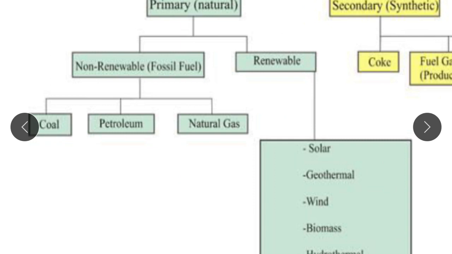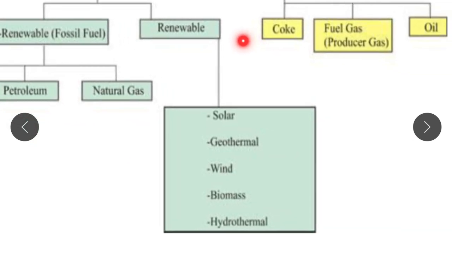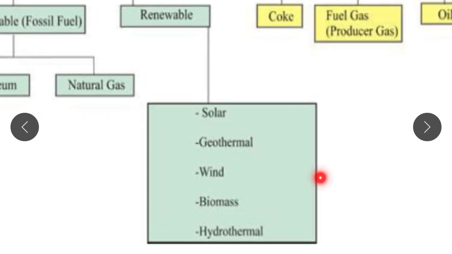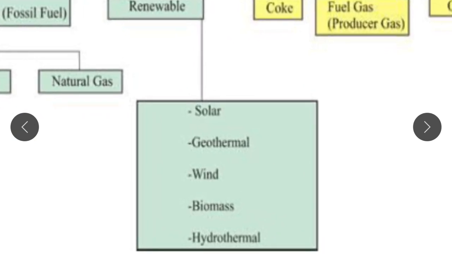But you have another alternative, that is renewable energy sources. Under that you have solar energy, geothermal energy, wind energy, biomass, hydrothermal, etc. All these are renewable energy sources. That means however much you use, it is still there in nature. You can use it again and again.